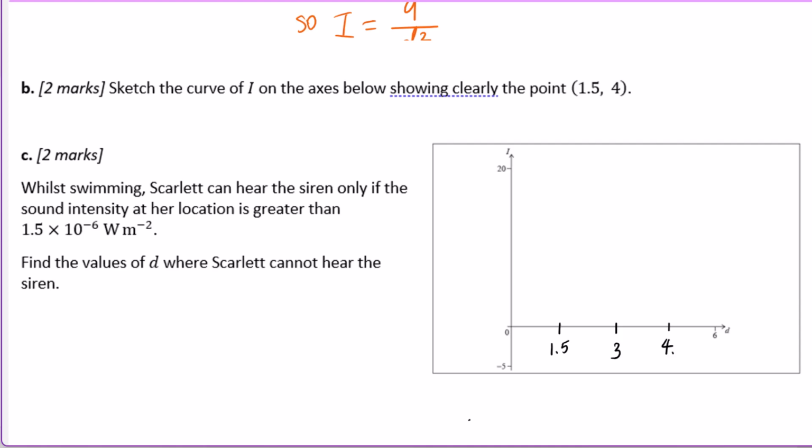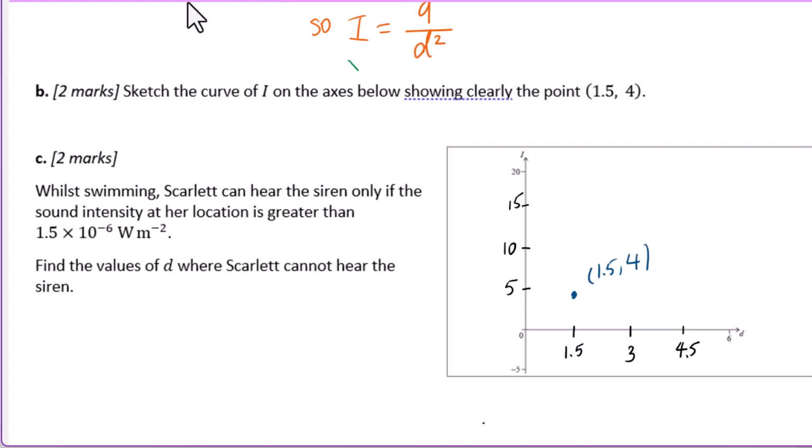Half is 4.5. Look at this y-axis. You are given the scale 5, 10, 15. Let's locate 1.5 or 4. Estimate here.